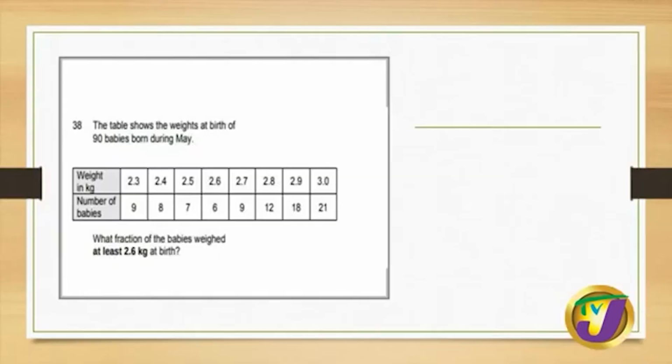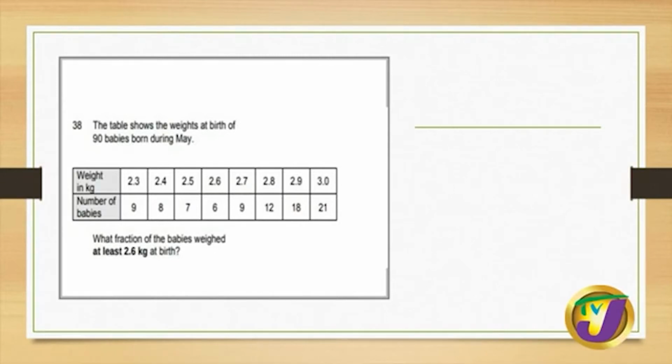Next question. The table shows the weight of births of 90 babies born during May. So you have weights in kilograms and you have numbers of babies. What fraction of the babies weighed at least 2.6 kilograms at birth?